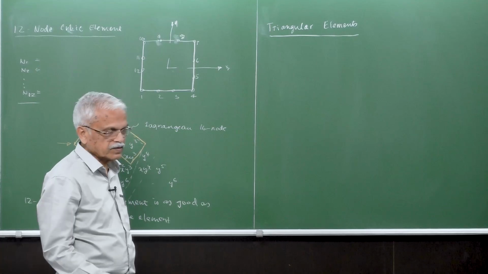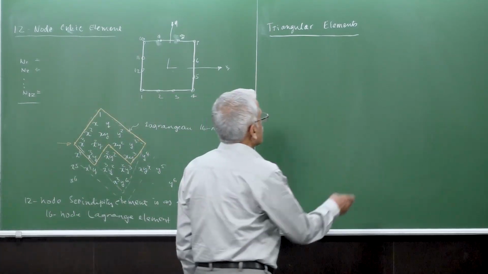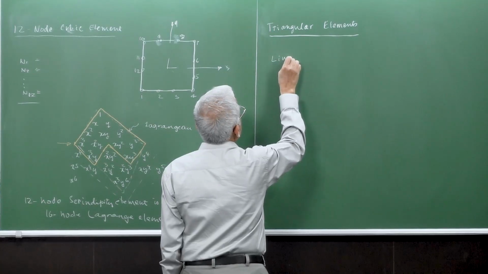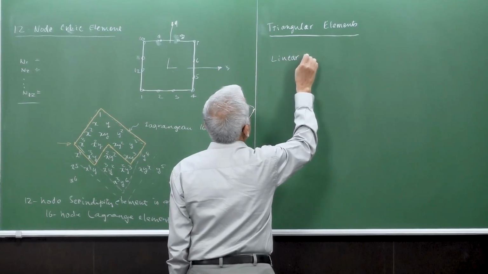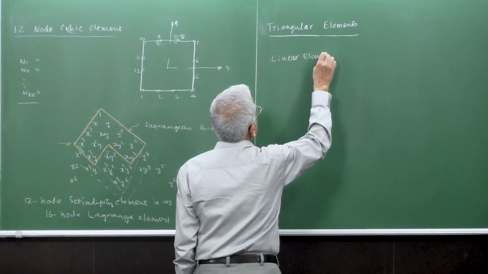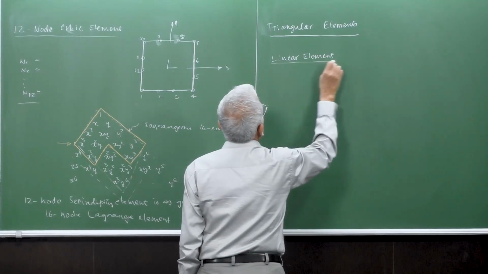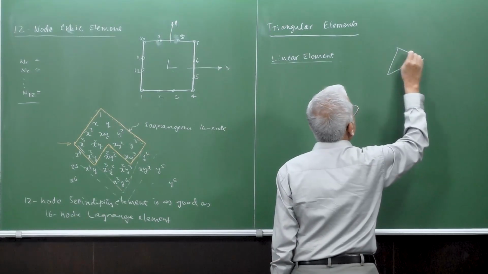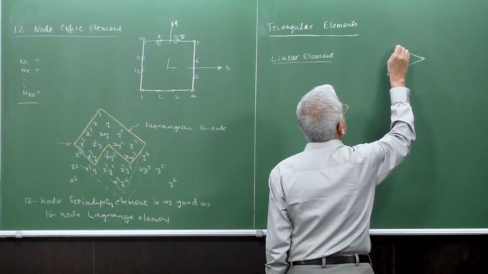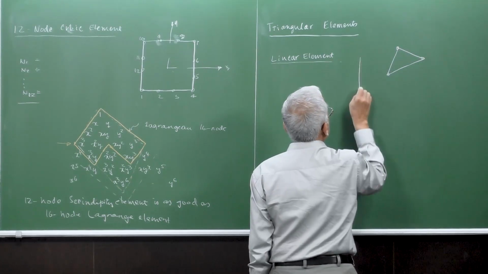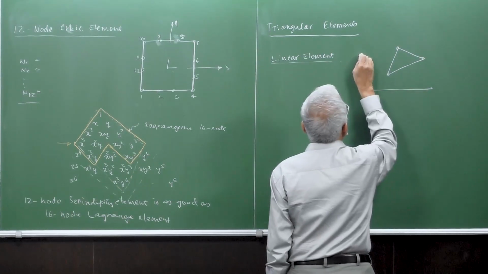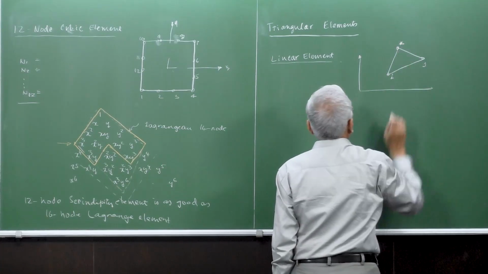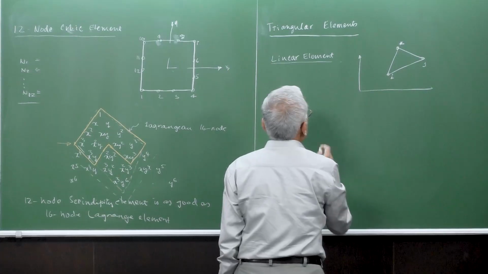And the 3 terms. So the first one was the linear element. So the linear element was just a 3-noded triangle, IJK, or now we can use 1, 2, 3 also.